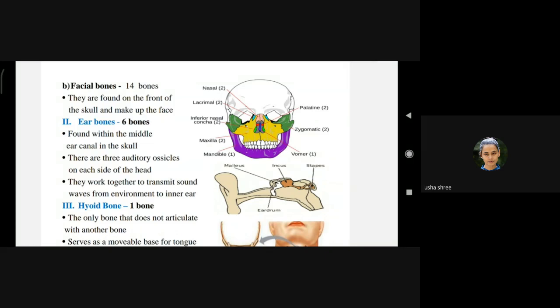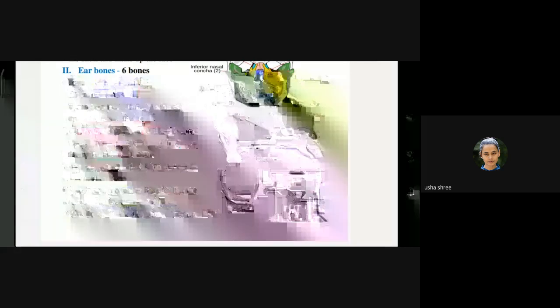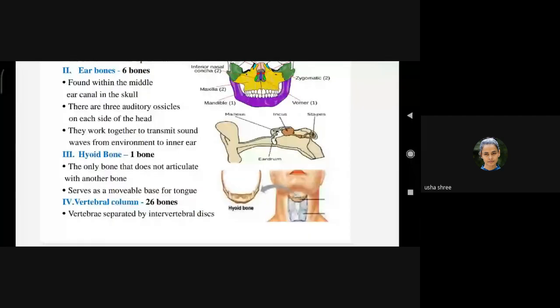And the next one is hyoid bone. Hyoid bone is the only bone that does not articulate with another bone. So, this is a very important question. Which bone does not join with any other bone? This is the only bone which is surrounded by muscles only.